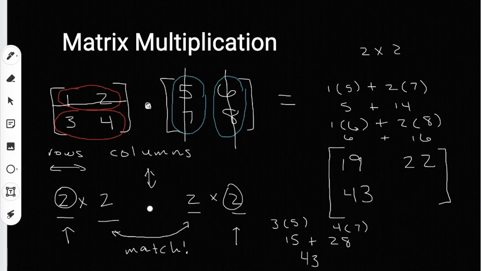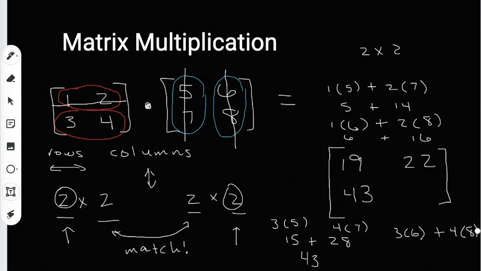Okay? And now the last thing I have to do is the last row by the last column. So I'm going to be multiplying this 3, 4 by this 6, 8 over here. 3 times 6 plus 4 times 8.